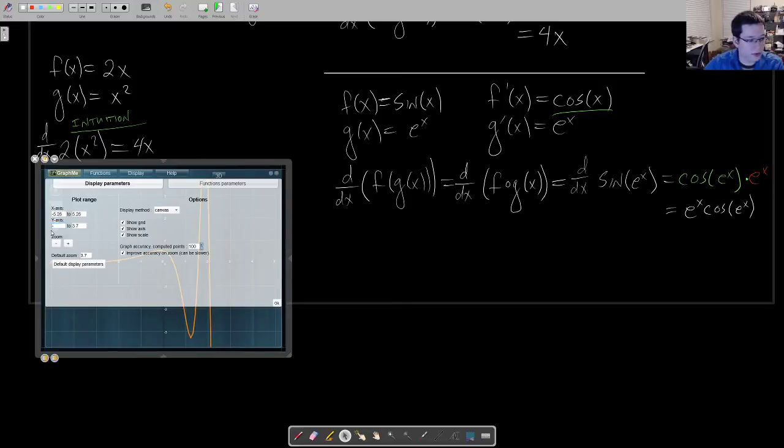Y-axis, we're going to go negative 100 to 100.